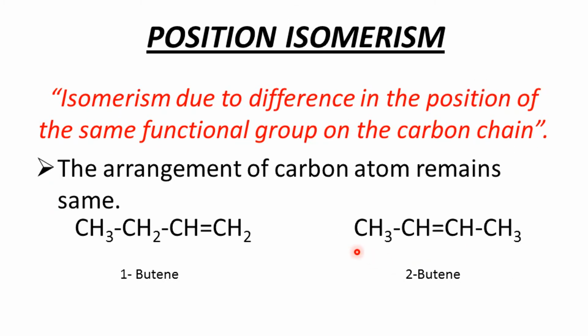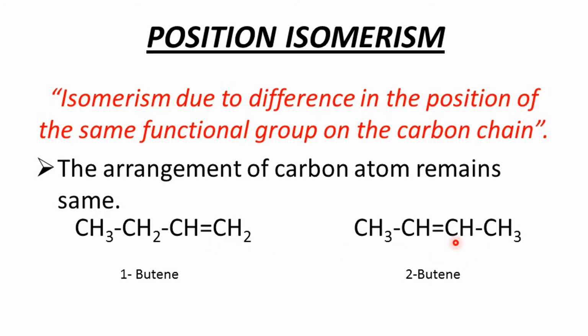Position isomerism arises due to difference in the position of the same functional group on the carbon chain. Now this is butene, because it is having one double bond here, so it belongs to the alkenes. The double bond is present at carbon number 1, so we will say it 1-butene.